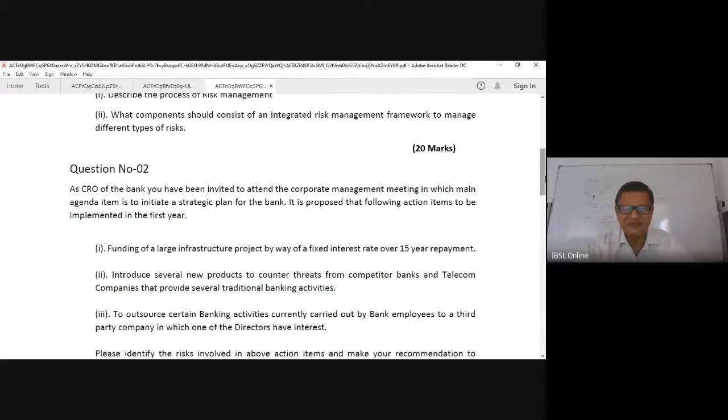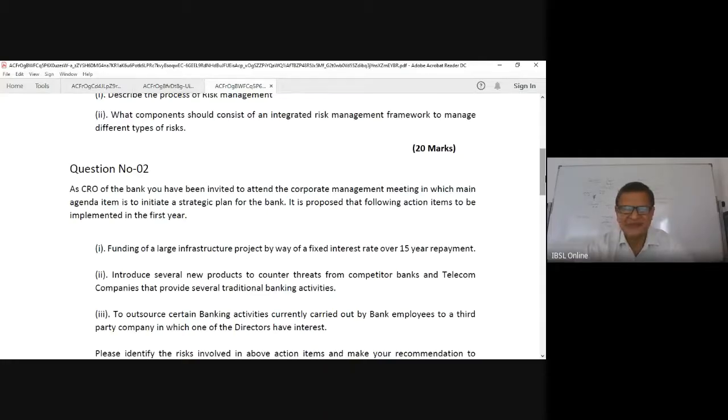So those are different products we could come up with, but within the same framework of either deposits or loans. Between them, we can have a lot of subsections and create certain brands with new products. So, introduce several new products to counter threats from competitors.